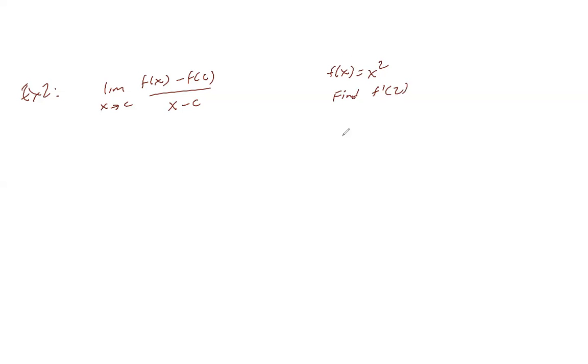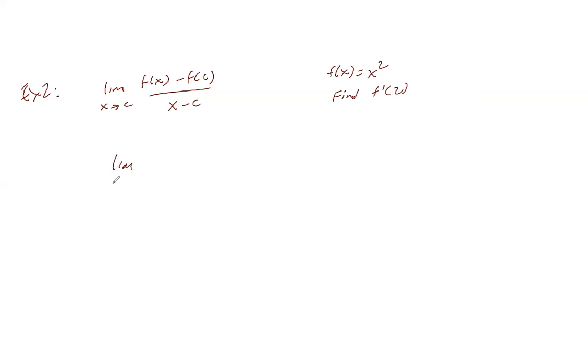In other words, we just wanted f prime of 2. If we're being forced to use a definition and we're asked about a specific value, I might choose to use the second definition instead. The simplification tends to be just a little bit simpler, tends to be easier, and it gives us a specific value at the end.